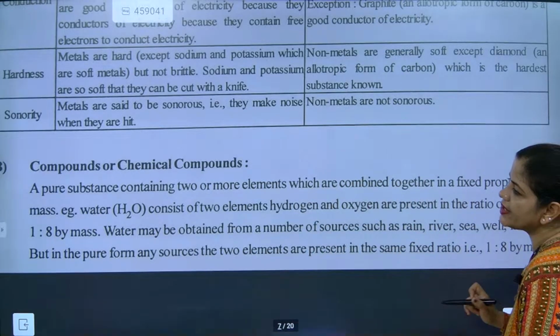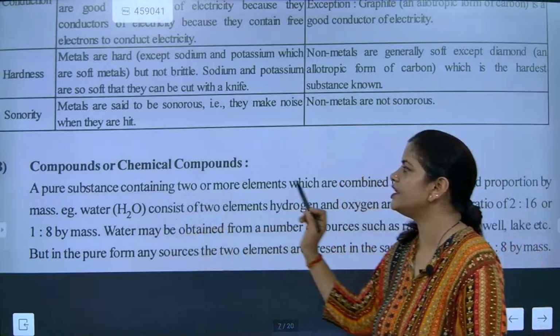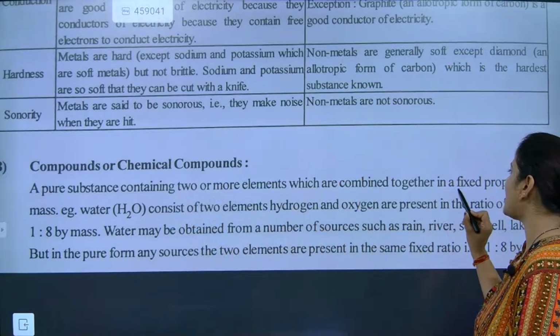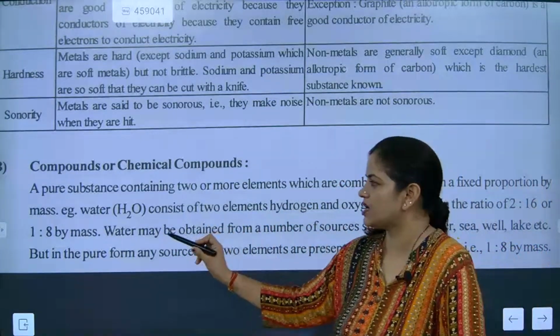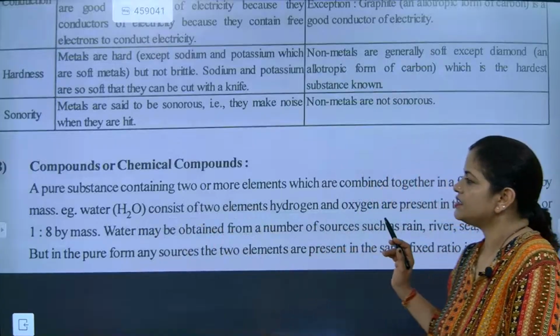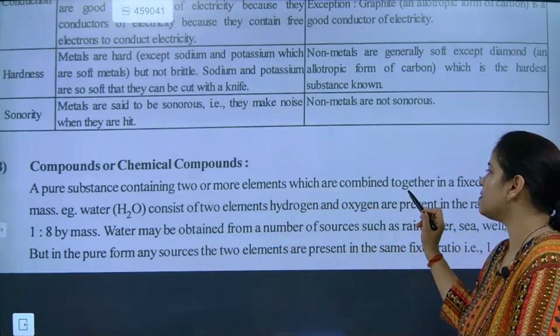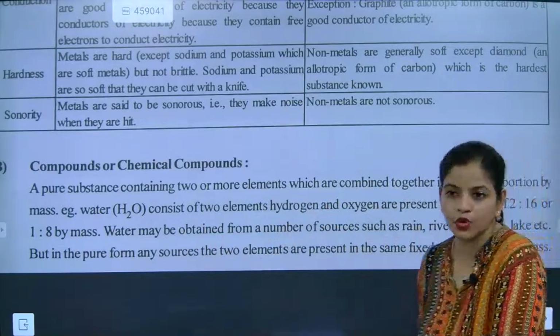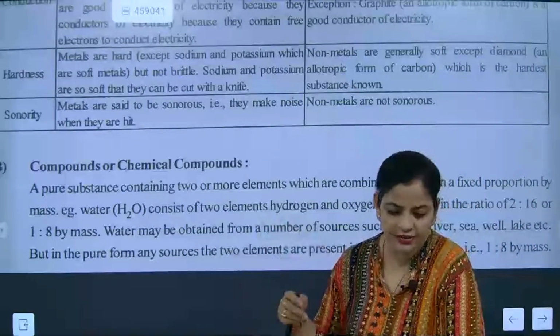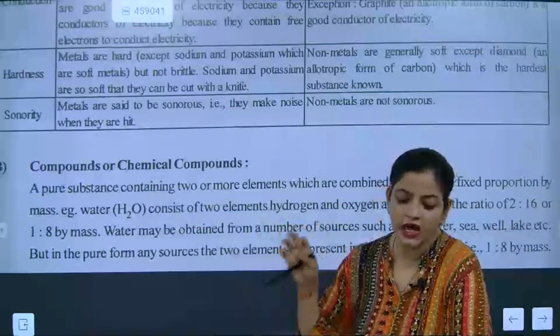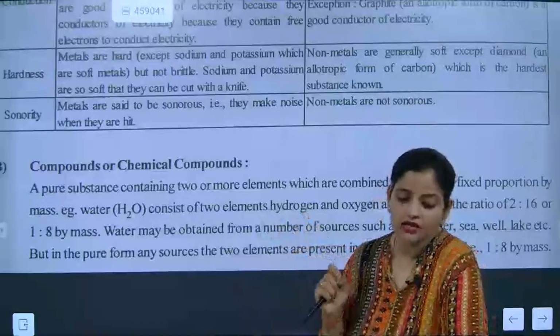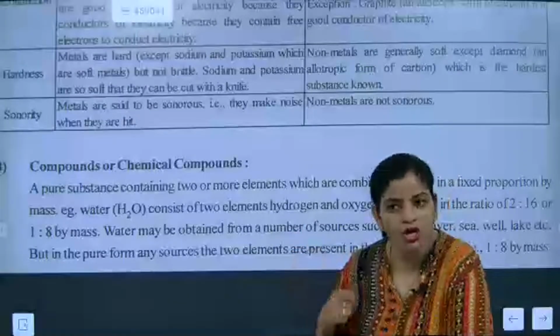A compound is a pure substance containing two or more elements which are combined together in a fixed proportion by mass. Every time a compound is formed, it will have two or more elements.